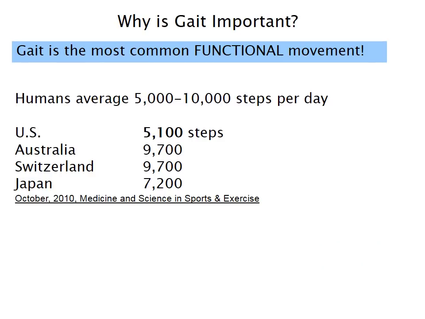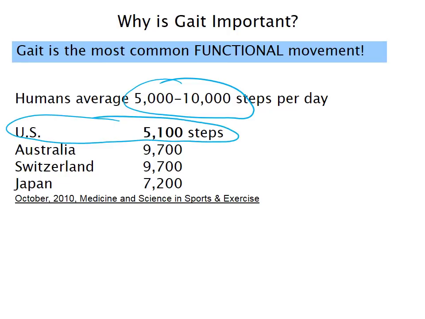So why else is gait important? Well, for one reason, it's going to be on your exam, or at least a portion of this will be on your exam. Also, note that humans average anywhere from 5 to 10,000 steps a day, and that really should be a little higher, meaning that some countries exhibit more than that. The US, as we can see, is doing quite poorly in comparison to some other countries.